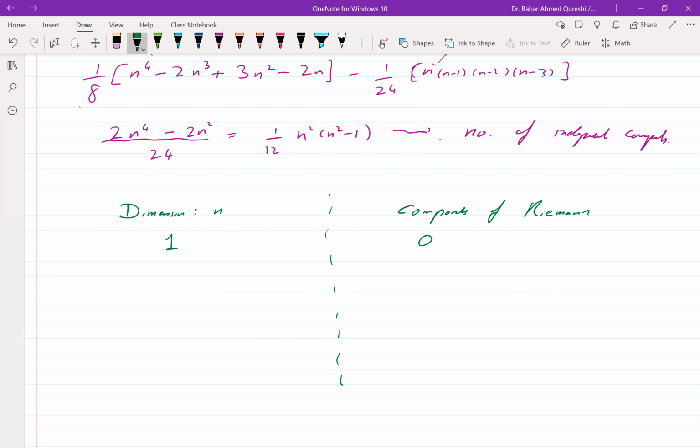Like a circle is just like a straight line. n is equal to 2 gives you 4 into 4 minus 1 over 12, exactly 1. So a two-dimensional surface, its curvature can be characterized by giving just one number. Very, very simple. In 3 dimensions, you get 9 into 8 over 12, so 6 components.